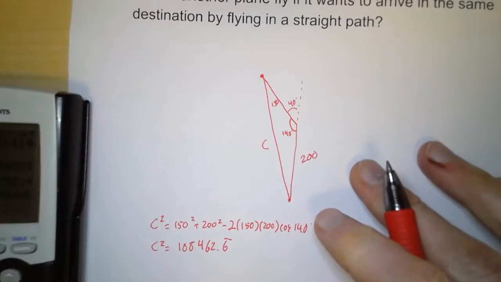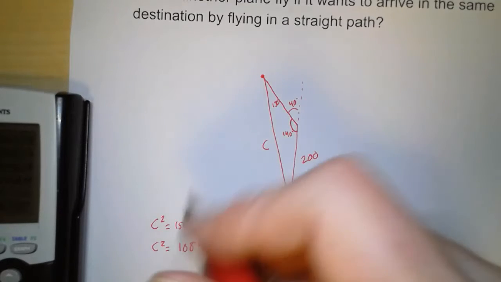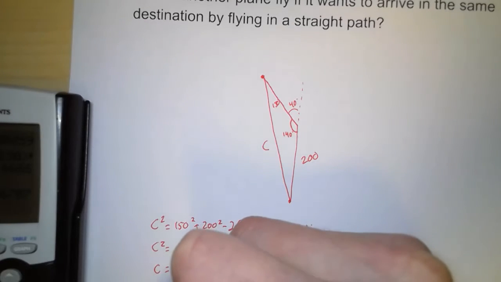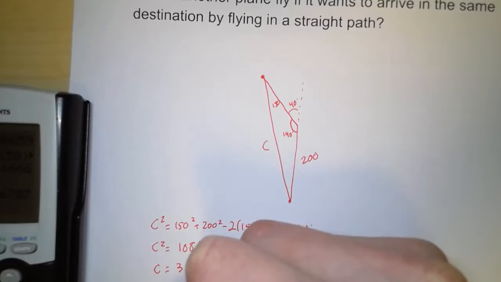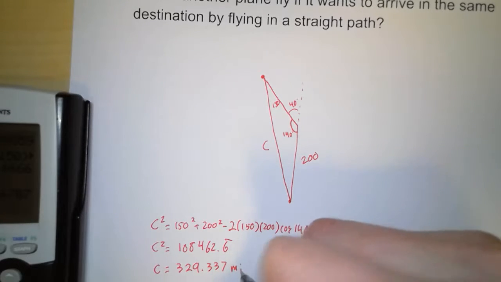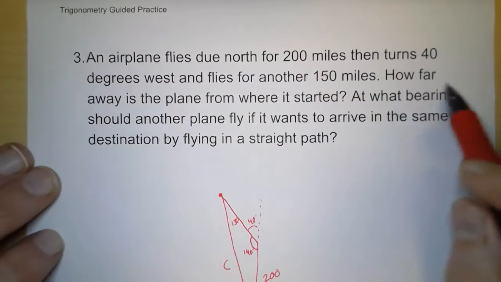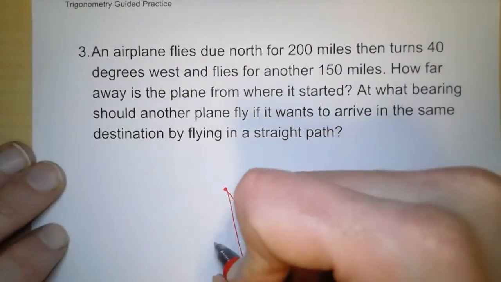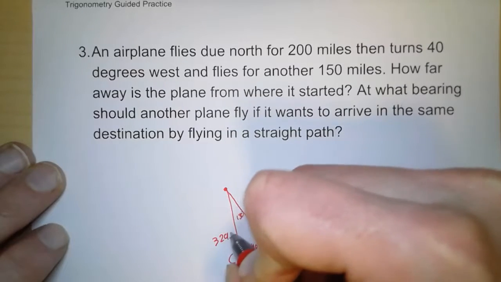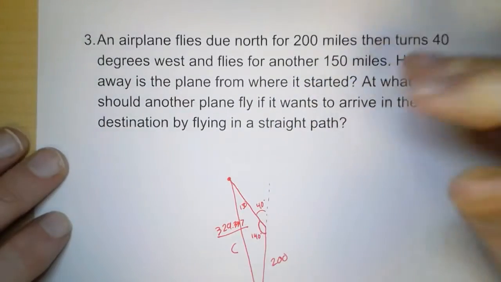And so when we take the square root of that, we get C to be roughly 329.337. And that answers the first question, because it first asks, how far away is the plane from where it started? 329.337 miles.